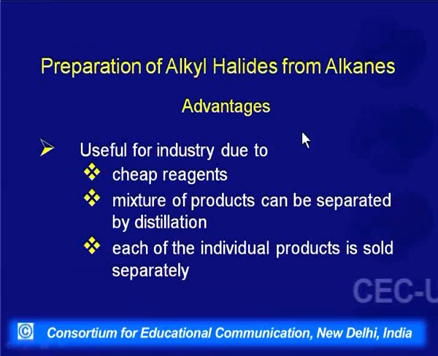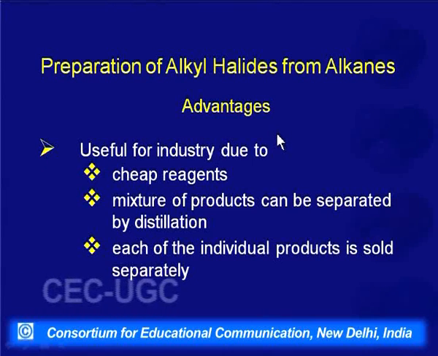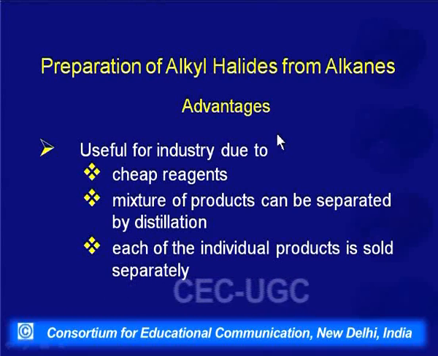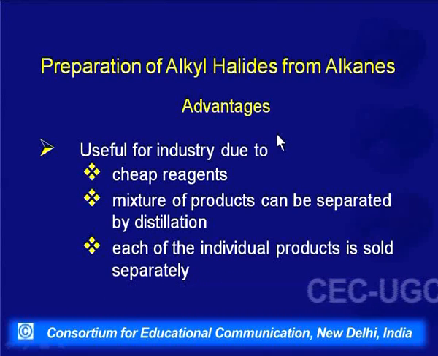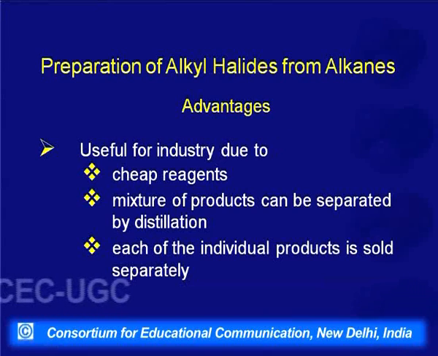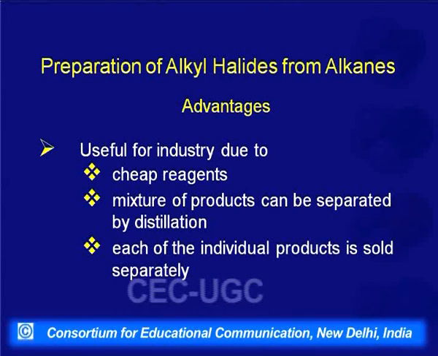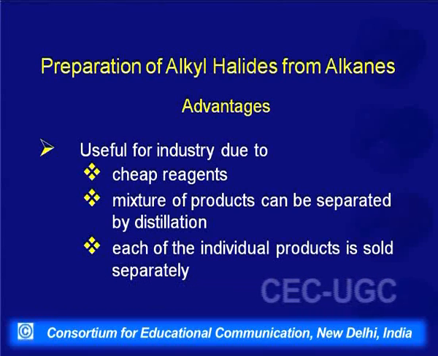Let us look into the advantages of preparing alkyl halides by this method. The biggest advantage is that the starting products and the reagents are very cheap. As a result of this, industry people want to use this method.